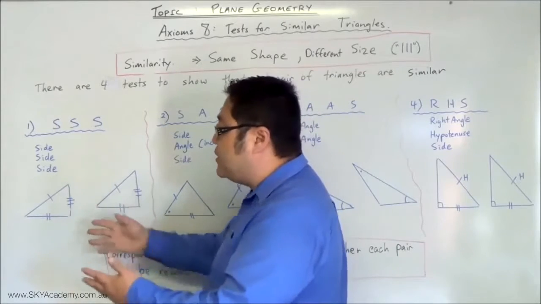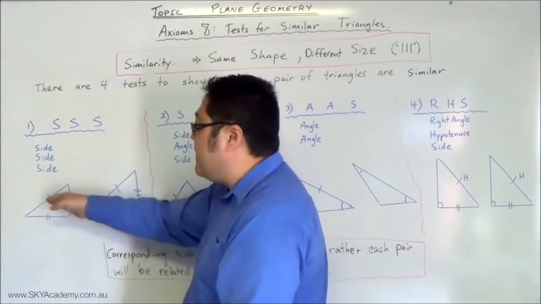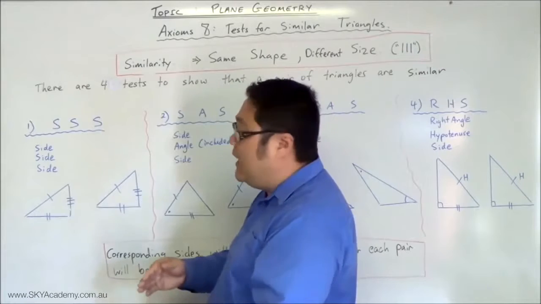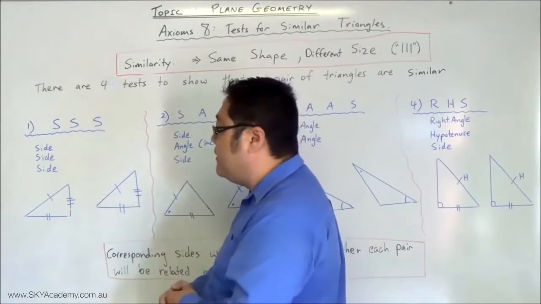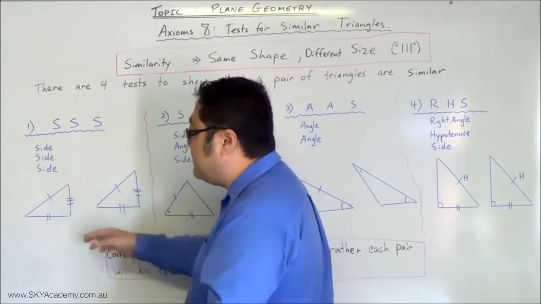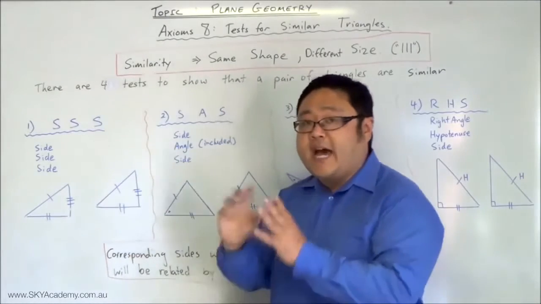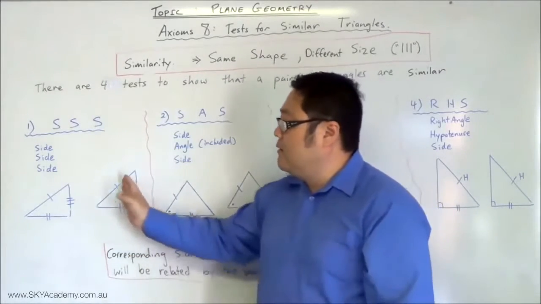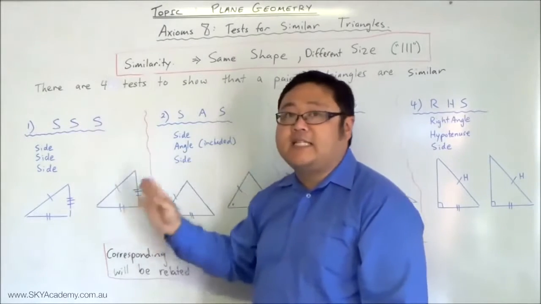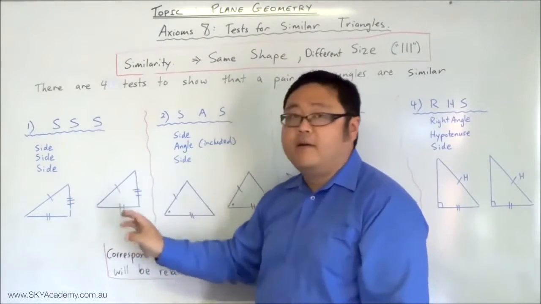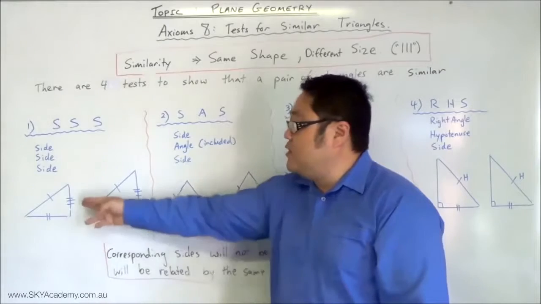And the common ratio would be 2. But it doesn't have to be 2, it could be in the ratio 7 to 3. It could be in whatever ratio. But what needs to happen is that the ratio between all three pairs of sides has to be common for the SSS test to work for these two similar triangles.